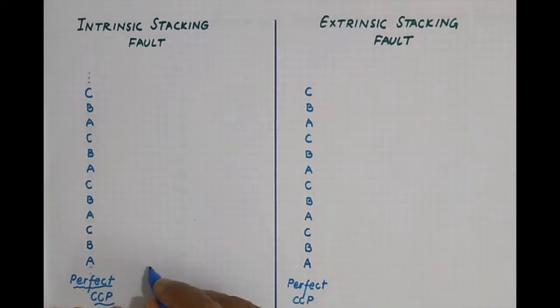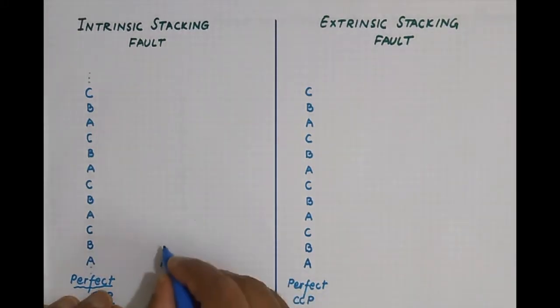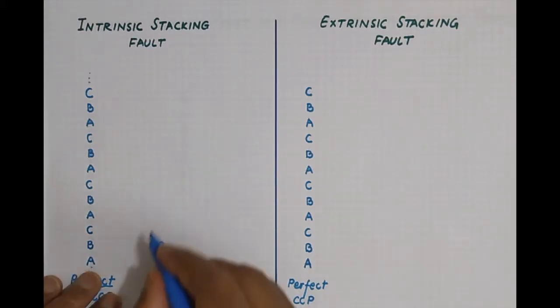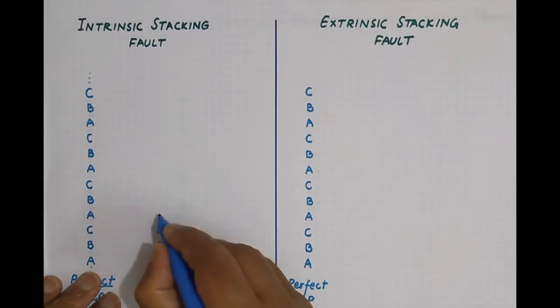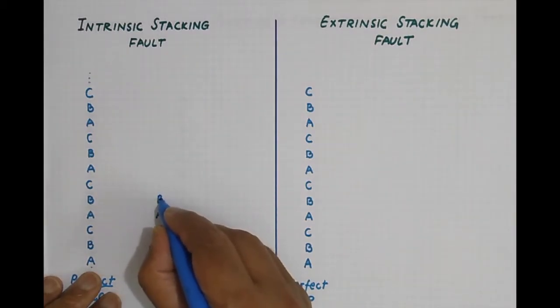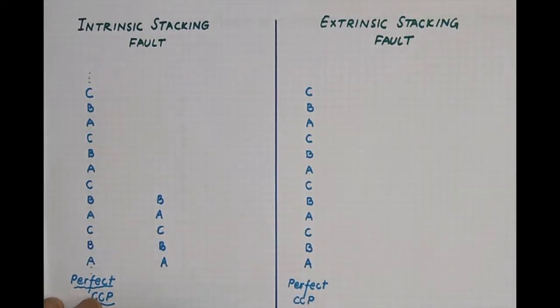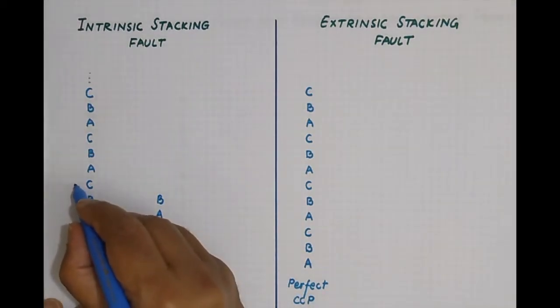So let us say that this was a perfect stacking sequence. If there is some problem, some mistake, some fault, some error in this stacking sequence, that is what is called a stacking fault. So let us say we are going just like we are going for the perfect crystal, ABC, ABC, but let us say one C plane is missing.